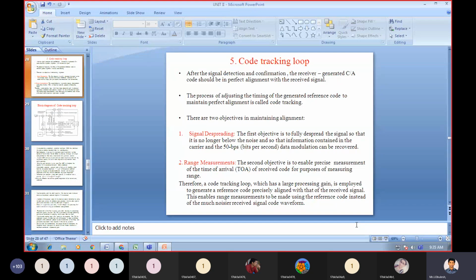The receiver-generated C/A code should be in perfect alignment with the received signal.